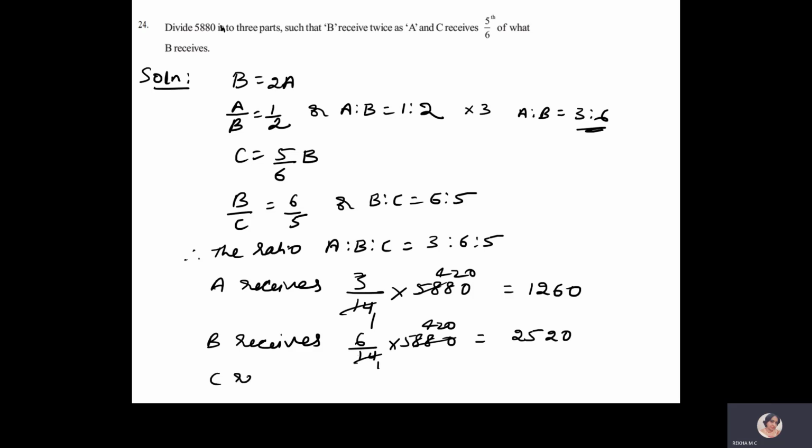And C receives 5 by 14 into 5880, 14 into 420, that is equal to 2100. So that will be the final answer. Yeah. Next.